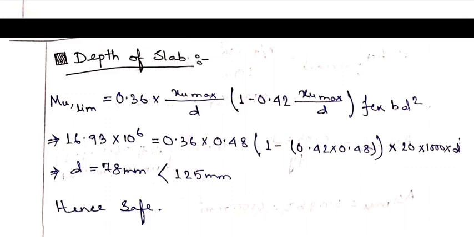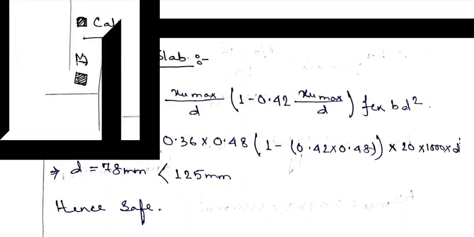This d value is unknown here because this is the required depth. So from this equation we can find the value of d, small d, that is equal to 78 mm, which is less than 125 mm, which we have already considered. So the depth is safe, the depth 125 mm which we considered is safe.